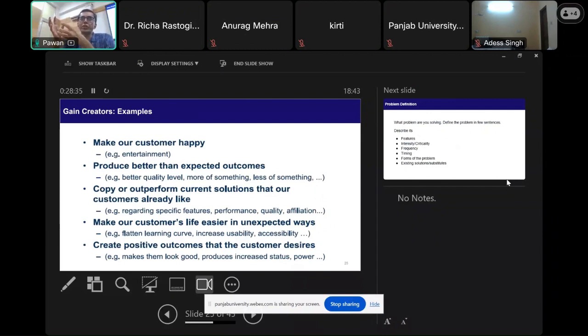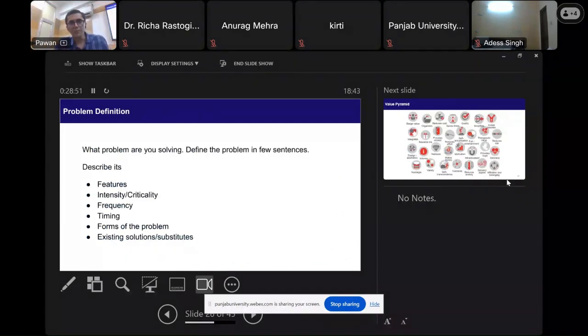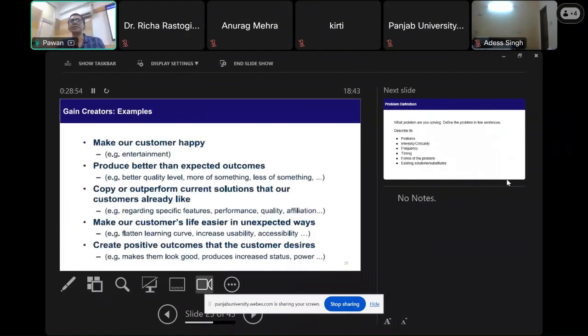There is no difference in utility of a Hyundai car versus a BMW car. But the luxury and the social status when you drive two cars is different. So that's what customers pay you for. Getting it? So these could be another few ways in which your product could help your customers.